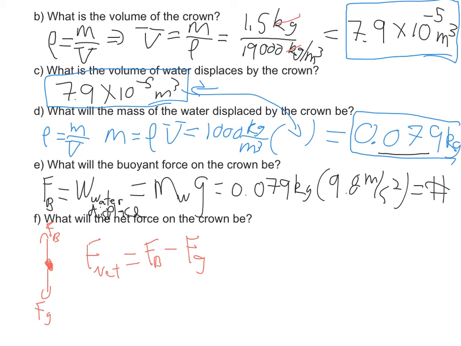This is similar to what we saw in lab. You have the buoyancy force that you found in part E, and you have the weight force, which is just the weight of the crown, its mass of 1.5 kilograms times gravity, and you should be able to figure out the net force.